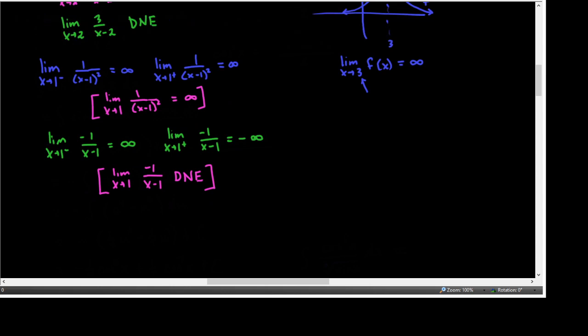If the one-sided limit, and this is sufficient to have one side only, if a one-sided limit is infinity or negative infinity, that means that you have a vertical asymptote at that number that x is approaching from either the left or the right. Of course, you can have a vertical asymptote if you look at both sides, as we just did, but it's sufficient to look from one side only. If it goes to positive or negative infinity, then you will have a vertical asymptote.